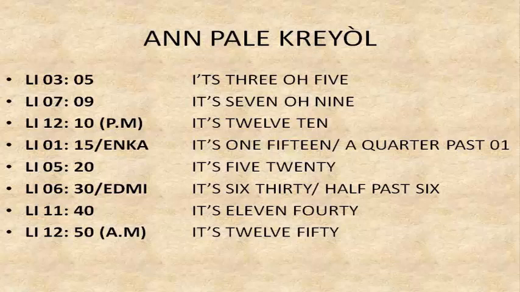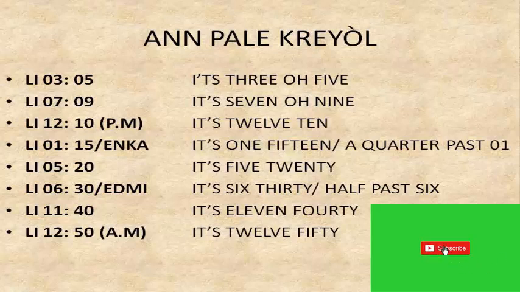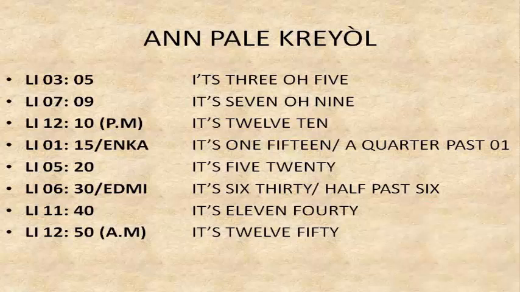So un quart, it's a quarter. So we can say it's les une quinze or les une un quart. Does that make sense? Great. Which is 1:15, or in English, a quarter past 1. Correct?